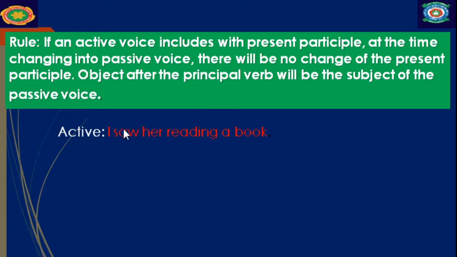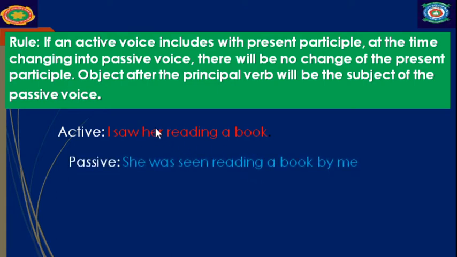You should take the object that is after the base form of the verb. Here after the verb, you have to take her as the subject. That means her will turn into she. You cannot take a book; you have to take her as the subject.